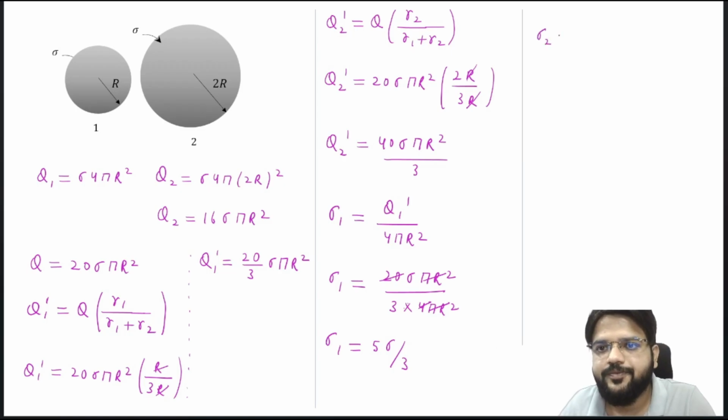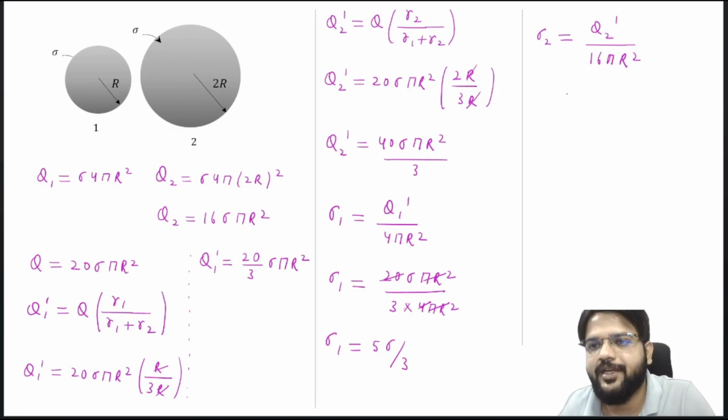Now see, sigma 2 is Q2 dash divided by the surface area, which is 4 pi times the radius square, and here the radius is 2r, the square of 2r is 4r square, so it is 16 pi r square, correct? So the surface area of the second sphere is 16 pi r square. So sigma 2 equals Q2 dash, which is 40 sigma pi r square divided by 3 into 16 pi r square.